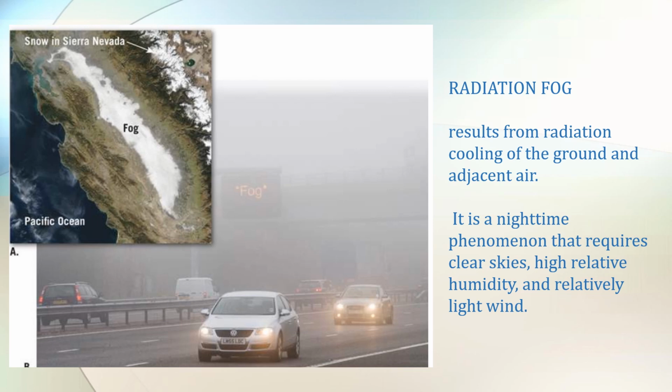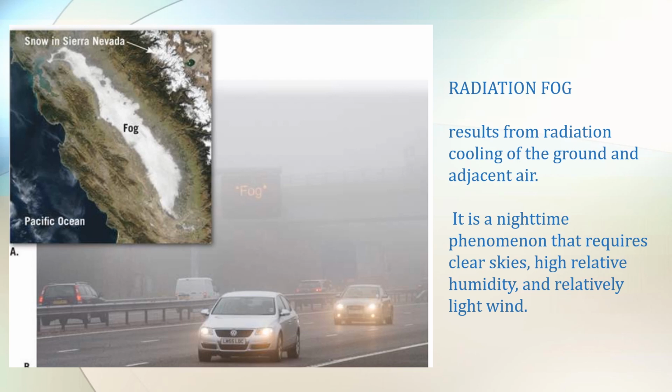It can be harmful, as you can see in the second picture, in the bigger picture B, that the radiation fog can make a morning commute quite hazardous. This radiation fog results from the radiation cooling of the ground and the adjacent air. It is a nighttime phenomenon that requires clear skies, high relative humidity, and relatively light wind.